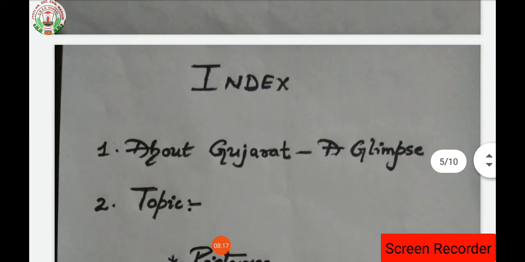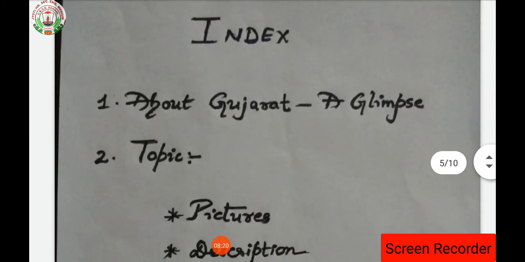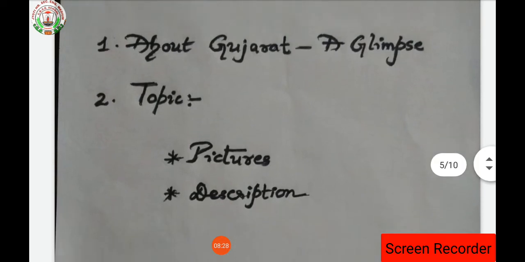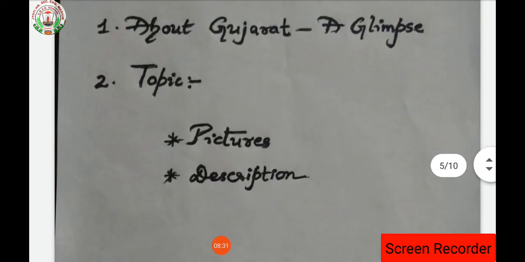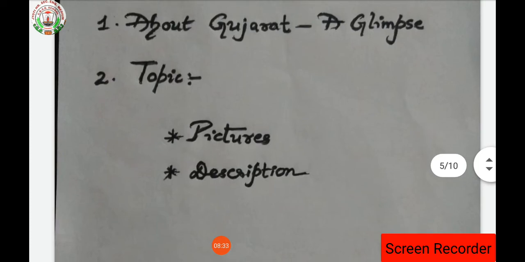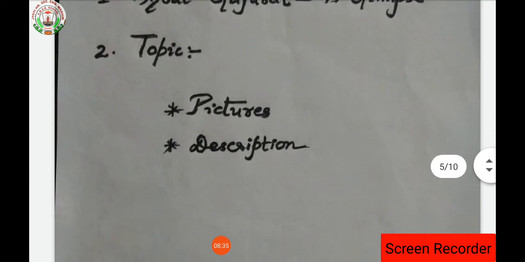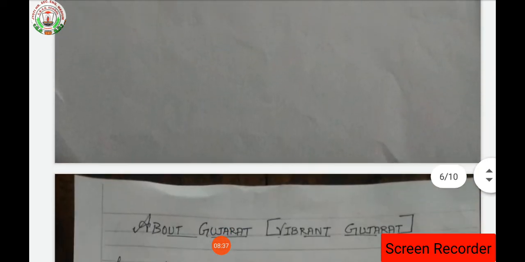Now the fourth page of your file will be of the index. In this index, about Gujarat, here you have to write as it is, in the same way as the page is there. Then the topic you have to write. The topic is in the form of a picture or description, same, no difference will be there.